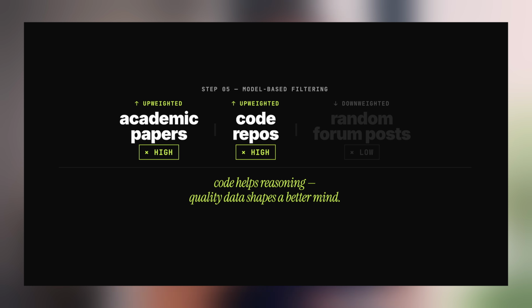Finally, these developers and engineers train a small AI classifier to identify high-quality data, like paper references, for example. And they intentionally upweight web pages that match that high-quality style. They also try to upweight domains like coding, which helps the model learn general reasoning skills.